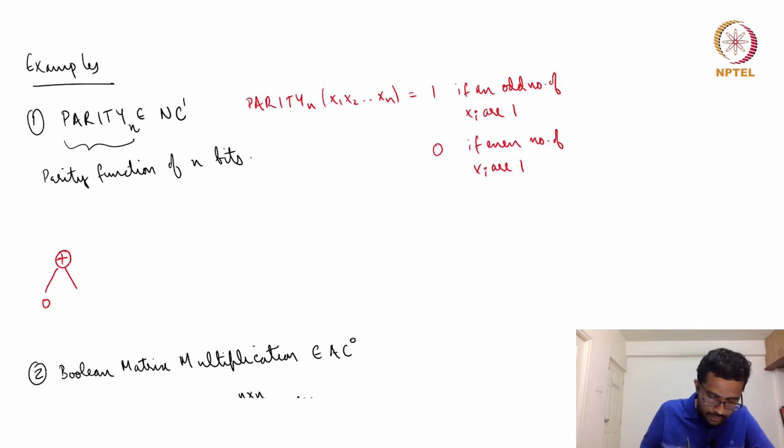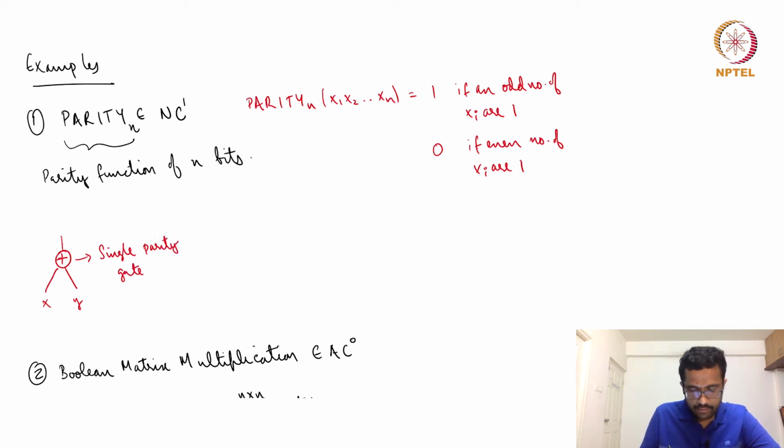So this takes two inputs, let's say x and y, and outputs 1 if exactly one of them is 1 and 0 otherwise, right? So this is a single parity gate, and you can construct this using a constant depth circuit, right?